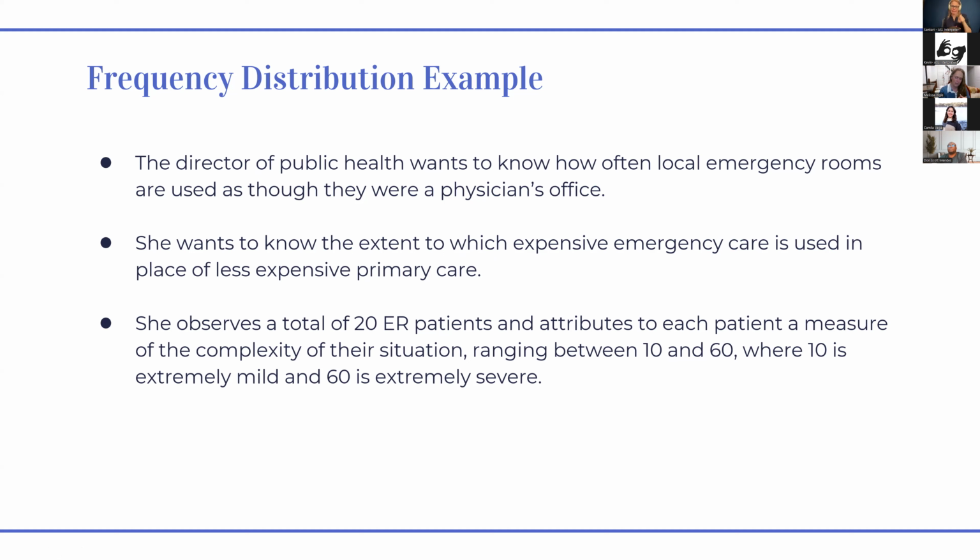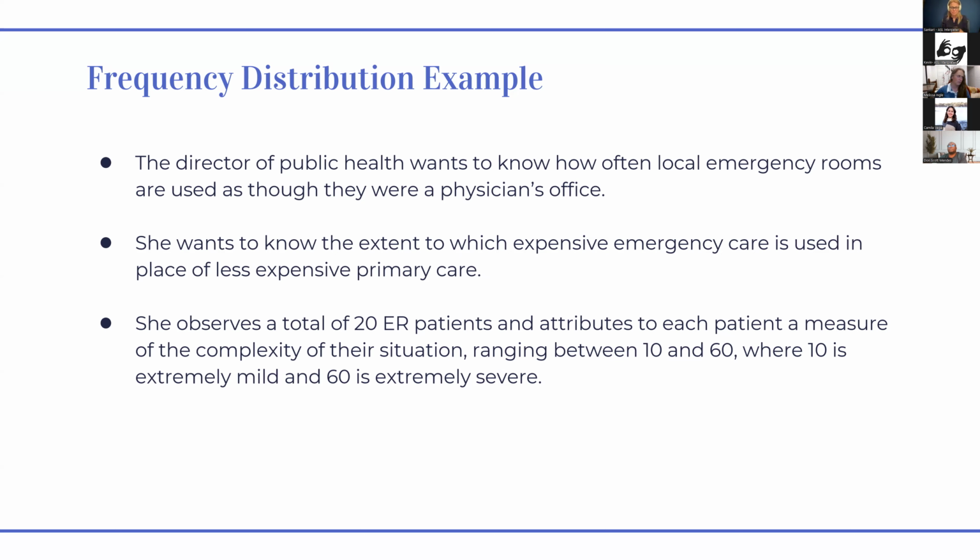Some person comes in and they've got a slight headache or their ankle's a little sore. That's going to be a 10, maybe a 12. And then somebody comes in and they have a bullet wound, that might be closer to a 60, right? So she assigns a rank to them based upon her expertise.